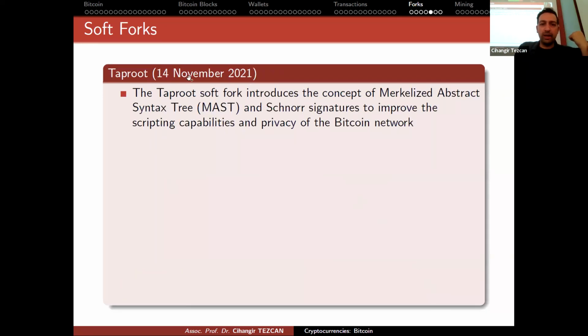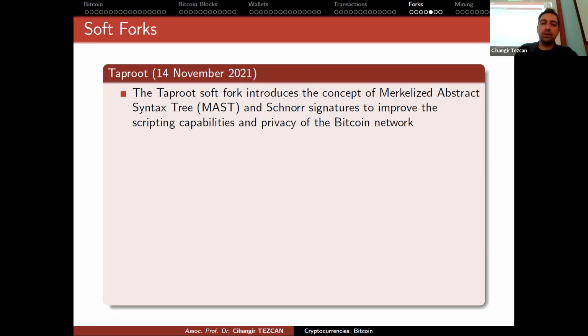So another soft fork happened like 6 or 7 months ago. It's the 14th of November 2021, we had the Taproot upgrade. SegWit happened in a very hard way because it took years to convince people, but it was for some reason a lot easier for Taproot to become effective.